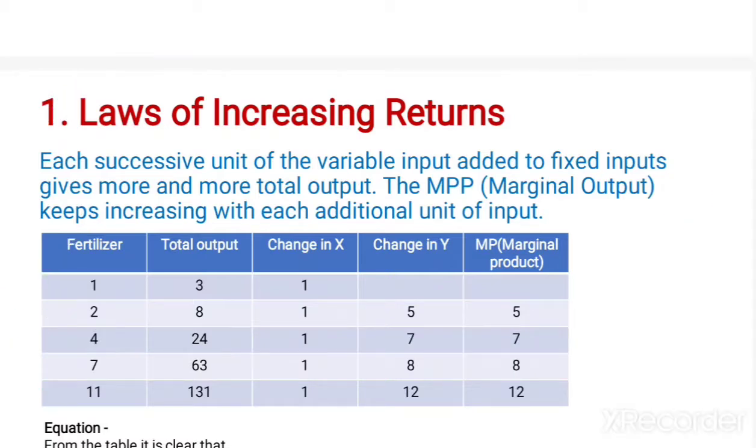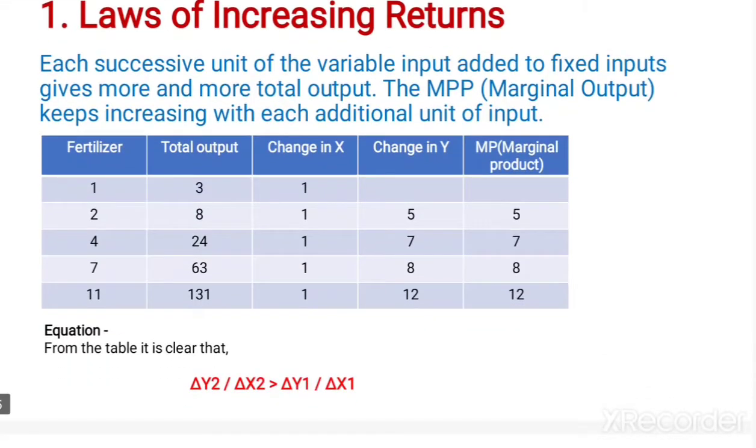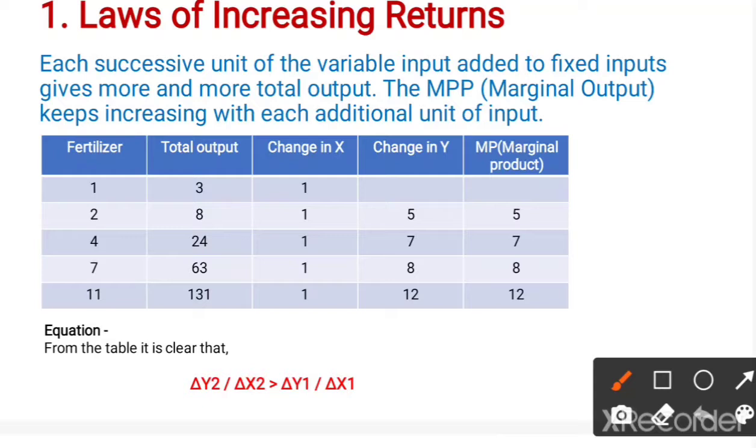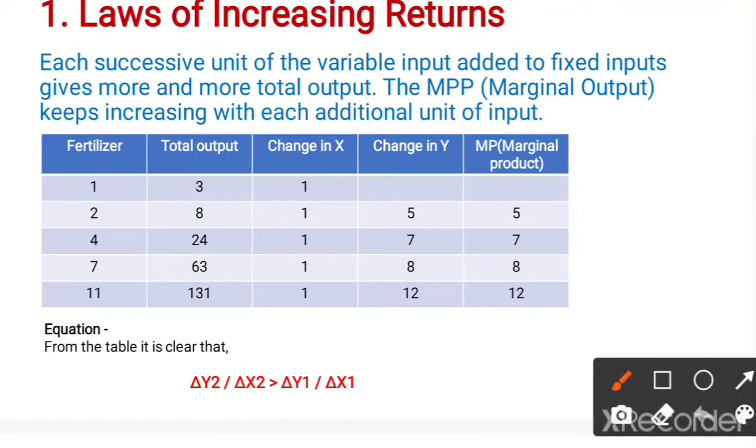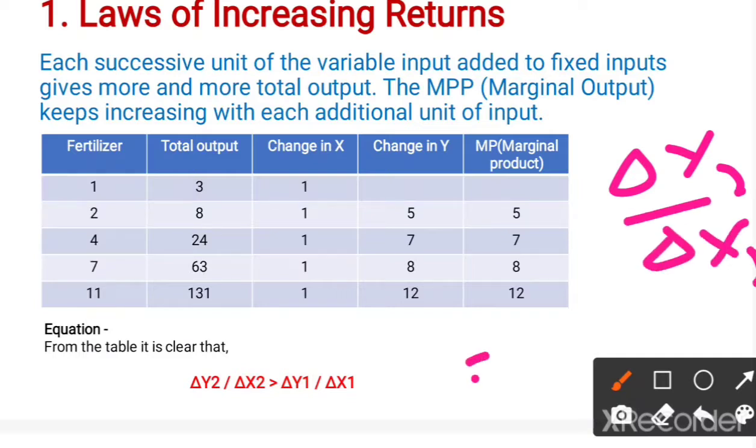Mathematically you can express this as change in y2 divided by change in x2 is greater than change in y1 divided by change in x1. See, change in y2 divided by change in x2 is nothing but your marginal productivity with respect to the second unit, that is this one, 7.